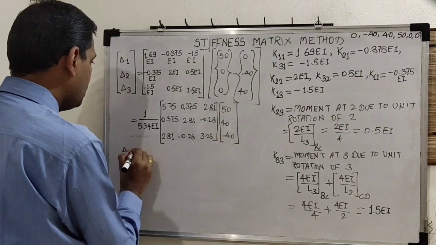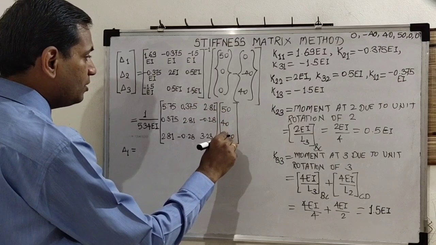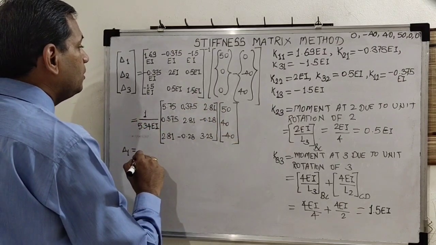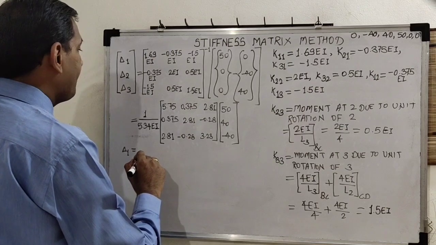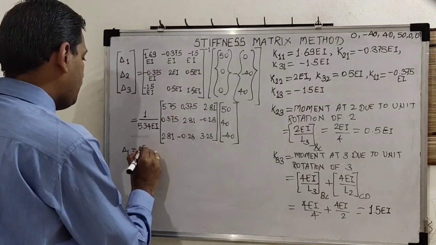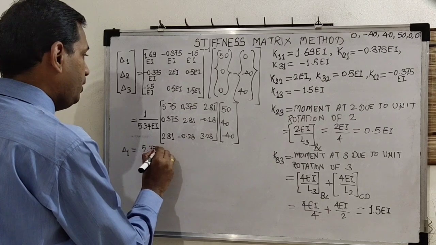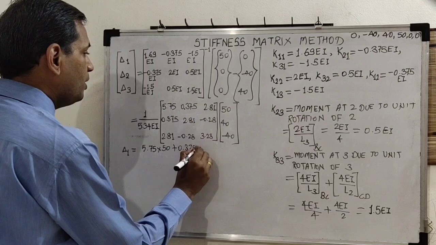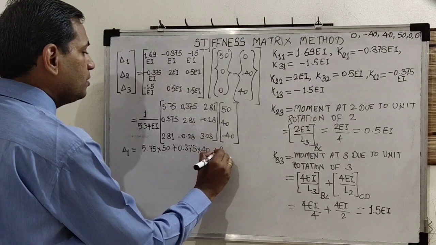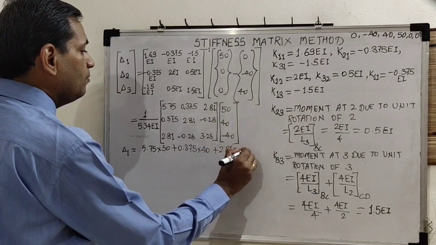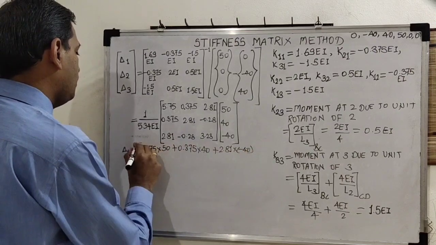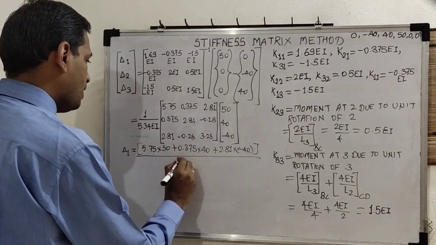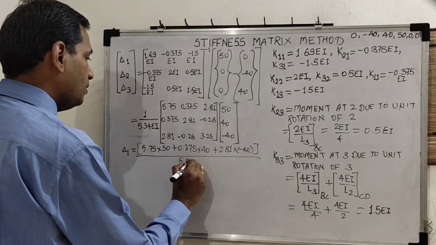So delta 1 is the multiplication of matrices divided by the determinant value. So 5.75 into 50 plus 0.375 into 40 plus 2.81 into minus 40, totally divided by 5.34 EI.